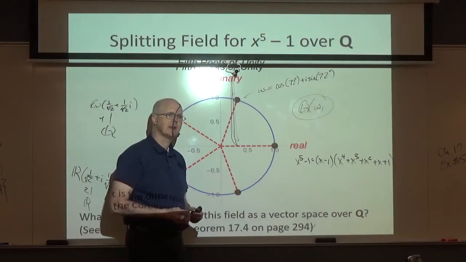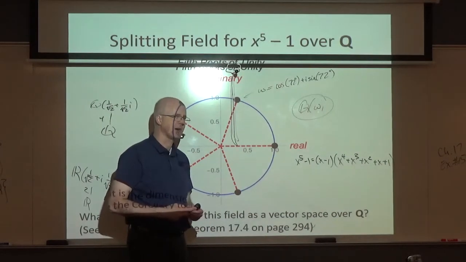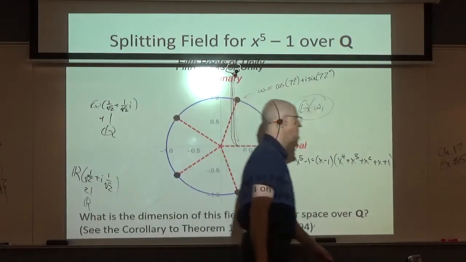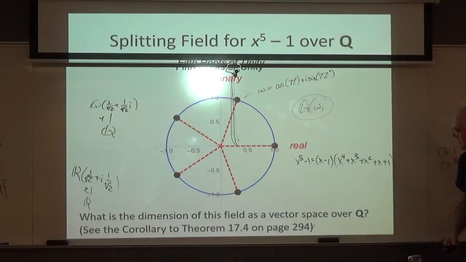If you know about finite geometric series, that shouldn't be surprising, which you technically should, but you may have forgotten. It's going to turn out this polynomial here is irreducible over Q. That's actually a corollary in the book.